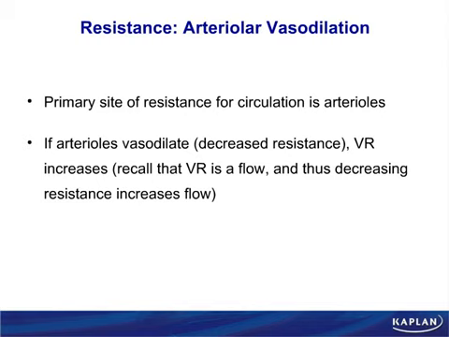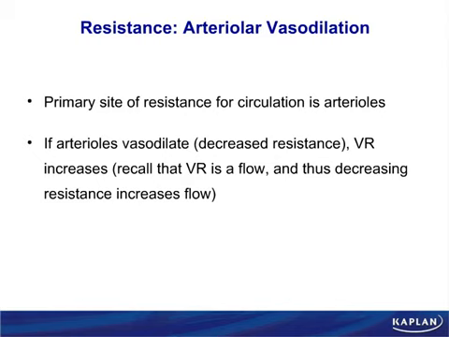Step one, clinically, everything. It's all great. All right, let's start with resistance. Remember, arterioles are the main site of resistance. If arterioles vasodilate, that means resistance goes down, then venous return goes up. Hopefully that makes sense.